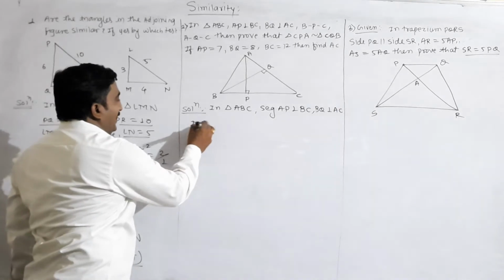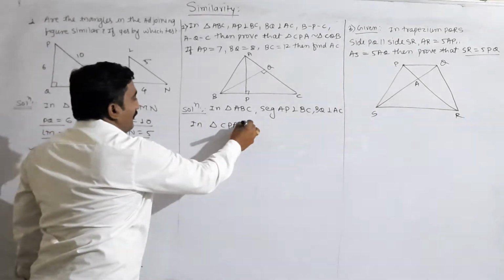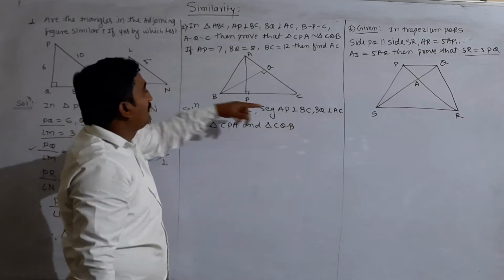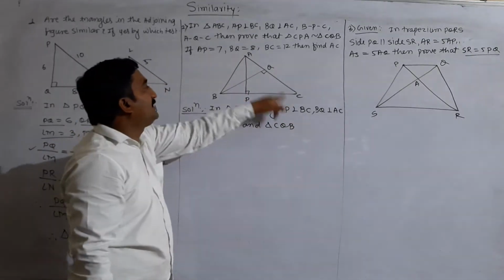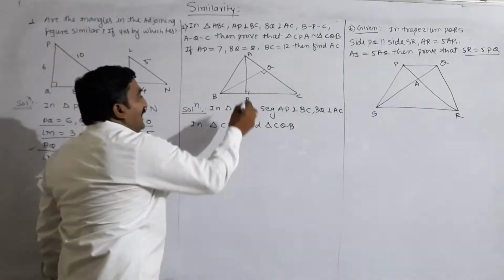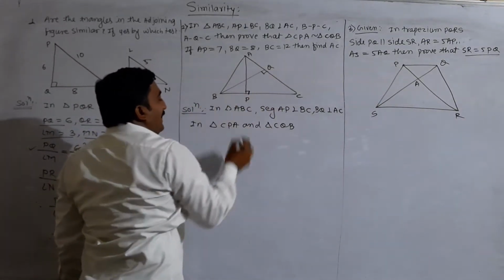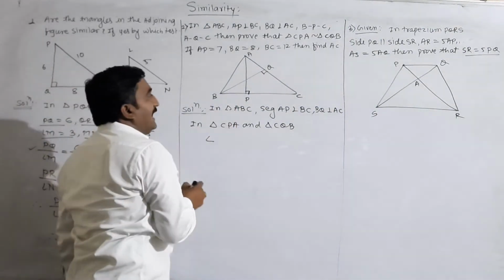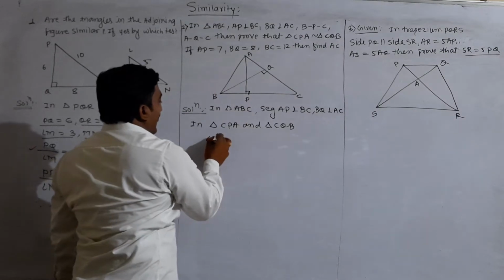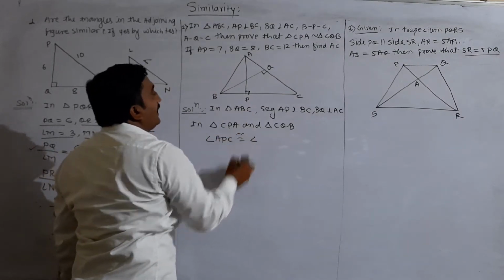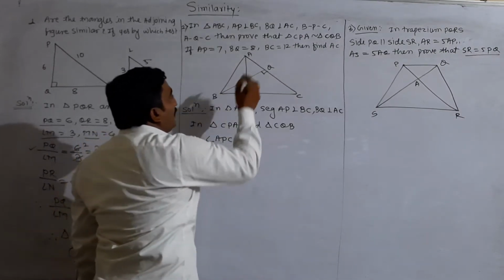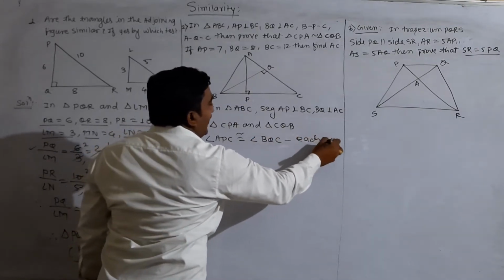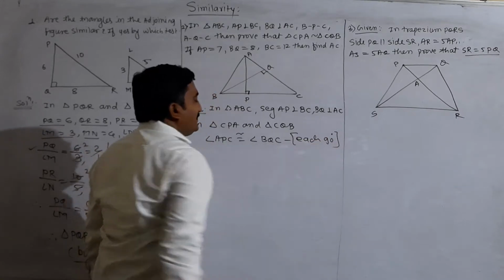In triangle CPA and triangle CQB, observe these two triangles. In these two triangles, these two are perpendicular. It means they have 90 degrees. So first, angle CPA is congruent to angle CQB. The reason is that each is 90 degrees.